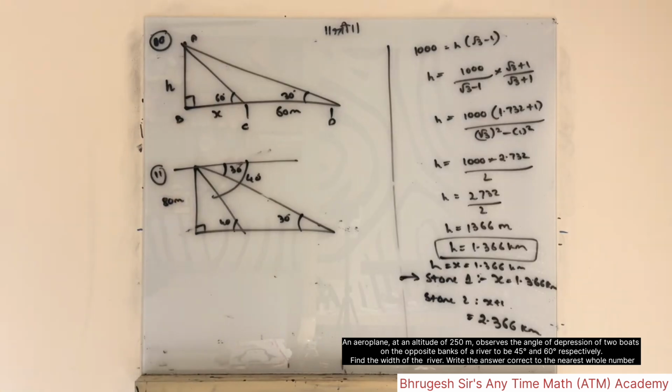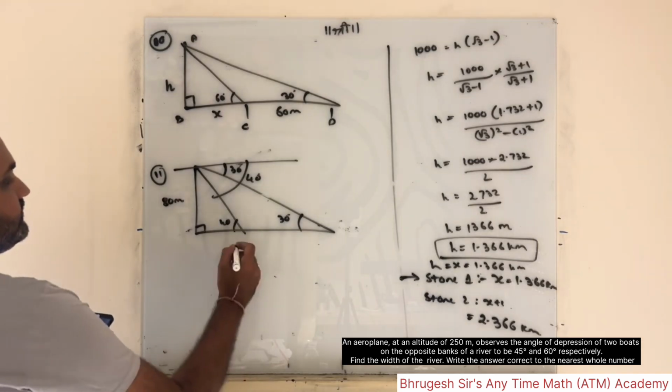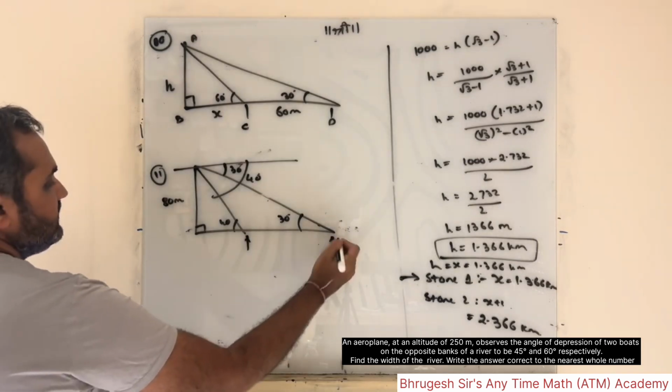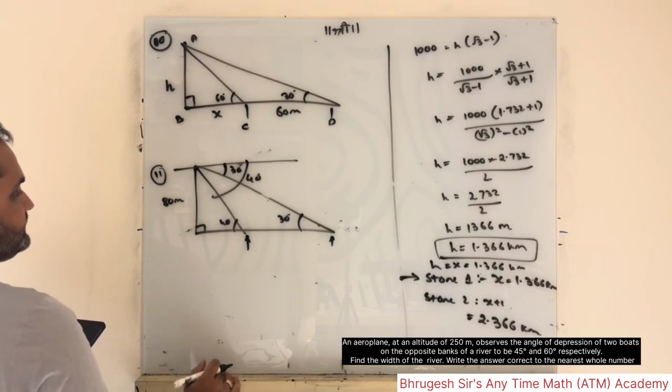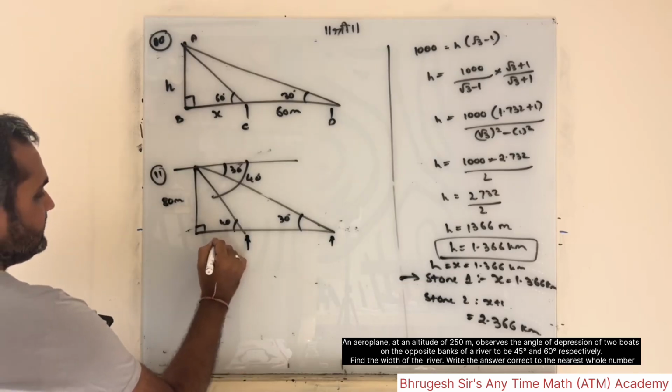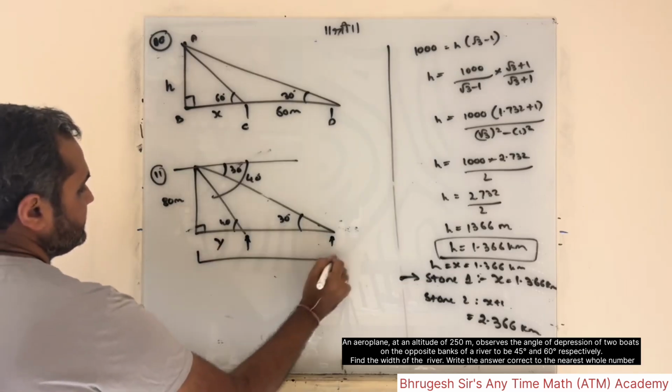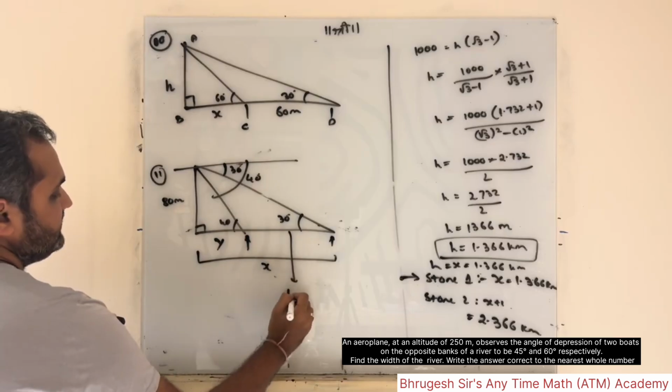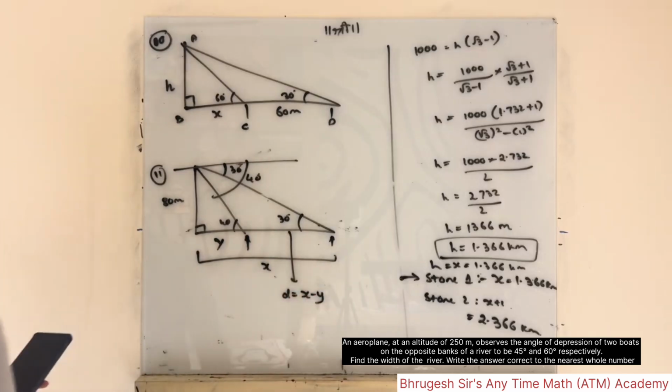Give your answer correct to the nearest meters. पहले ये y ले लो, ये x ले लो. This will be x minus y. Okay मेरा बच्चा? Give your answer correct to nearest meter.